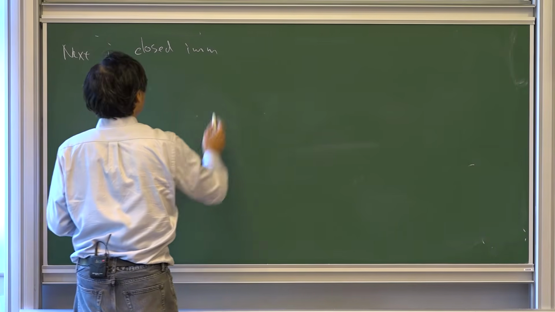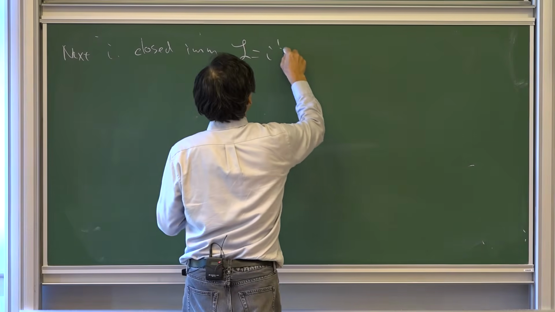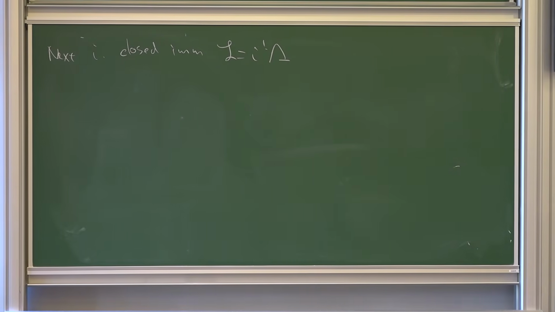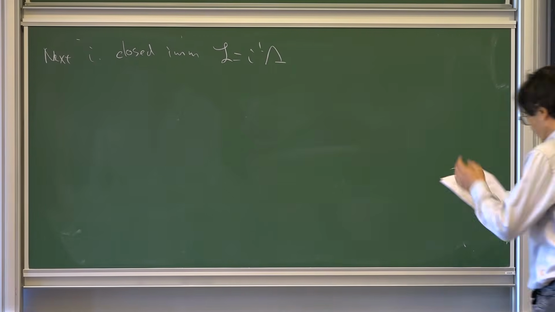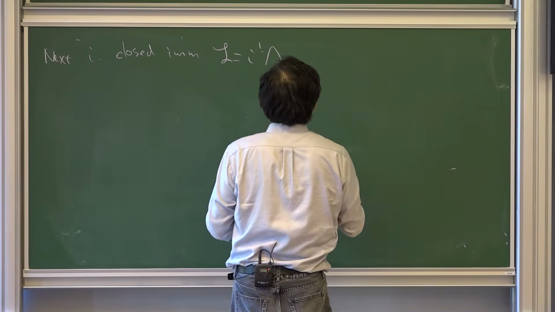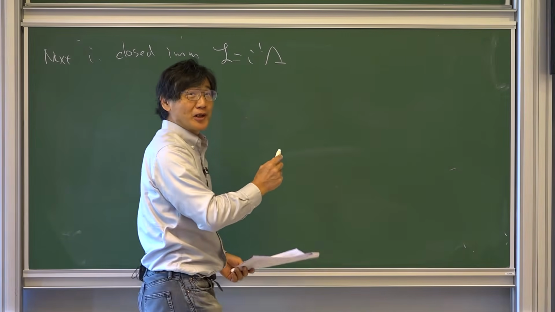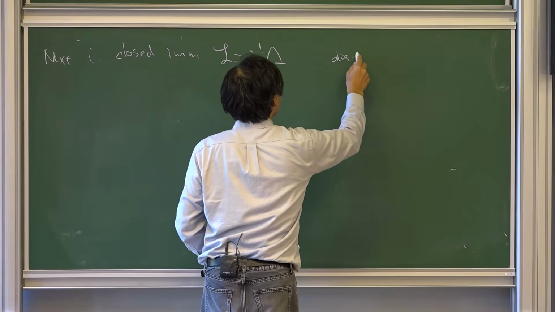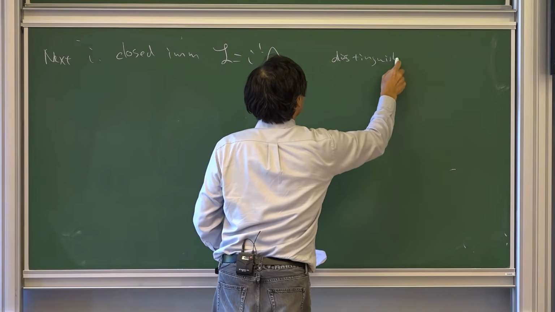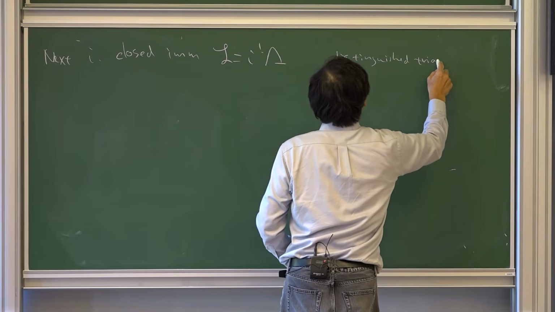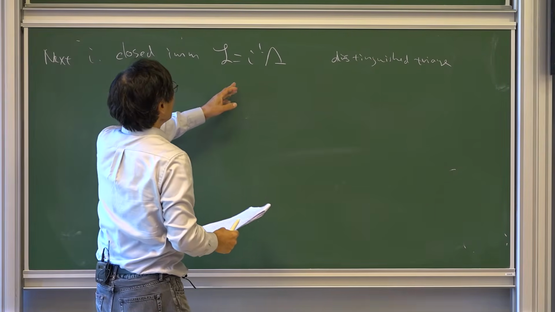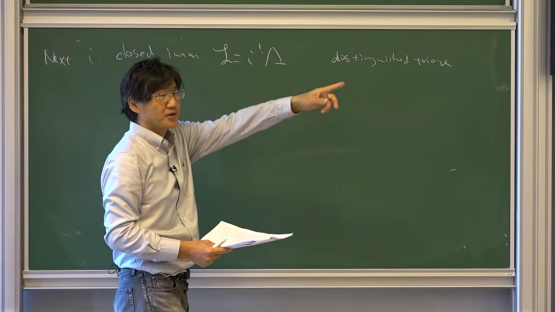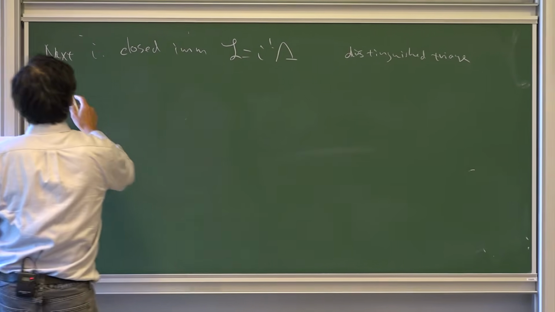Sorry, L is... So yeah, this is the argument. I'm already out of time, so I just say that I use a distinguished triangle. So we have a closed immersion, so the complement is open. So we can use the first one. The last one.